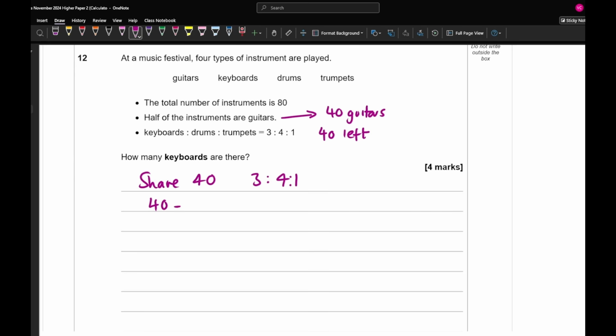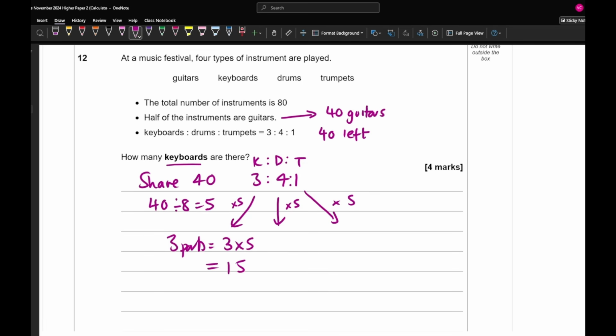So it's 40 divided by 8 equals 5. To work out the total for each, I just need to multiply each of these numbers by 5. Now the question is only asking for how many are keyboards, so the ratio part connected to keyboards is the very first one. So I'm only interested in 3 parts, so 3 times 5 gives me an answer of 15.